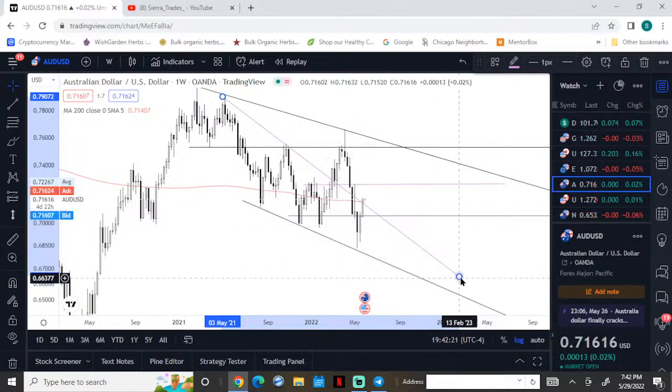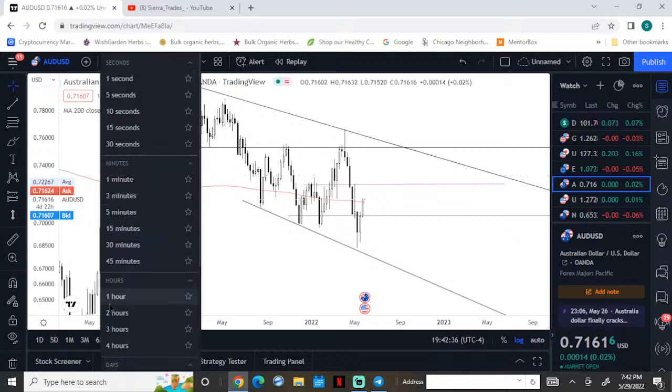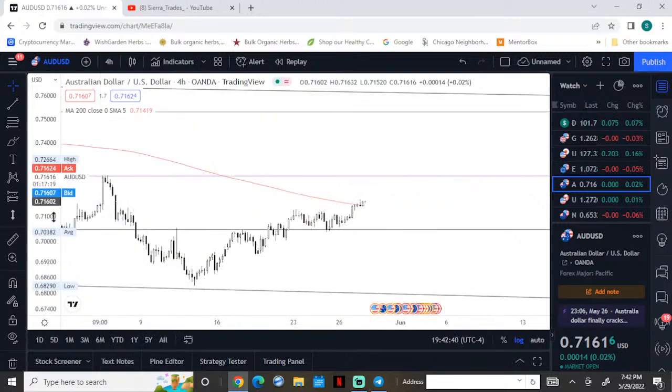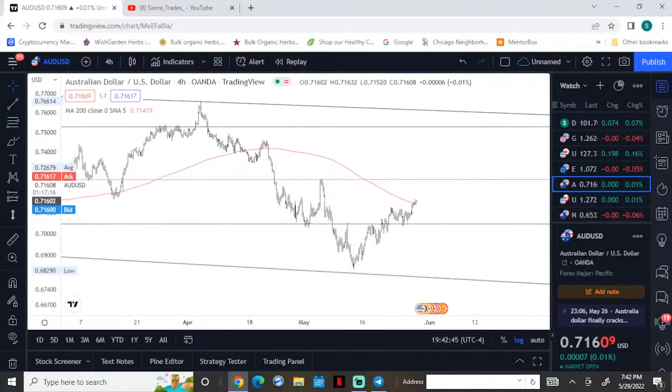Very insignificant, like that line didn't matter. So we go down a notch, we should see a trend line, a better looking one. Let's go down to the 4 hour. Yep, and there it is.